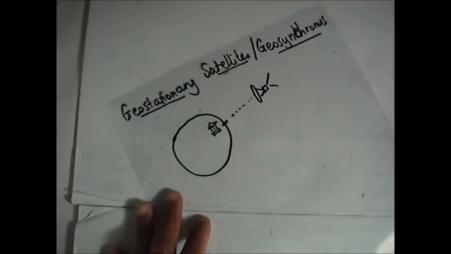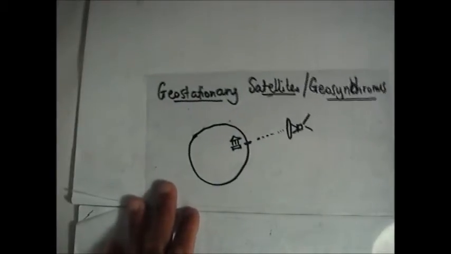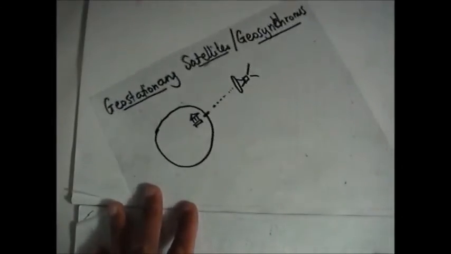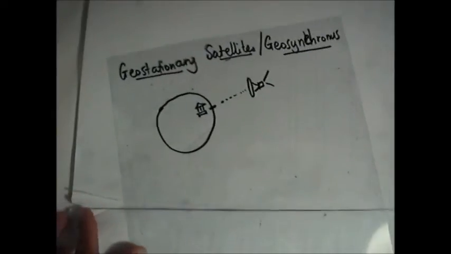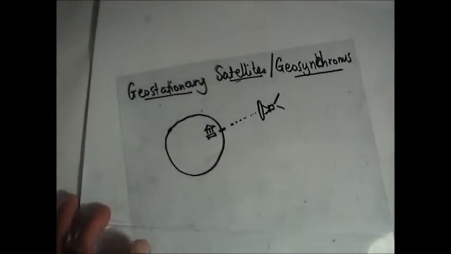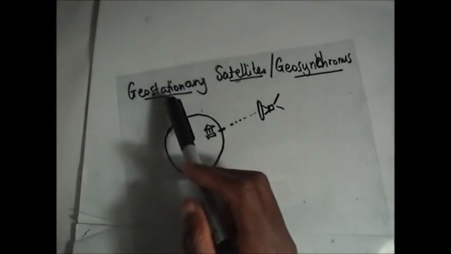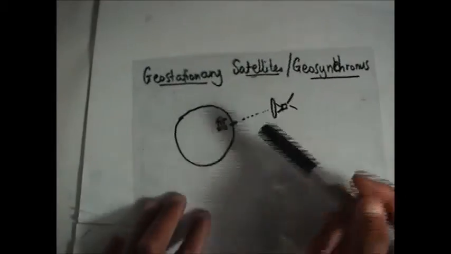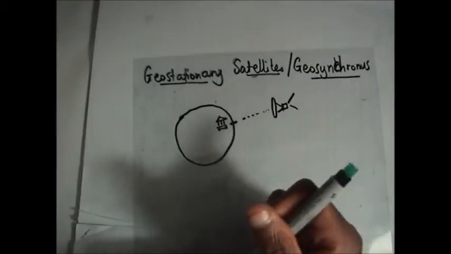Even if the Earth were to go back and forth, that geostationary satellite stays on top of the Great Hall every time. So that's basically what a geostationary satellite is: it's stationary with respect to the geo, or in synchrony with respect to the Earth. We are going to see this synchrony part now using mathematics.